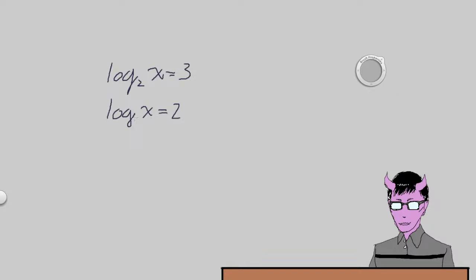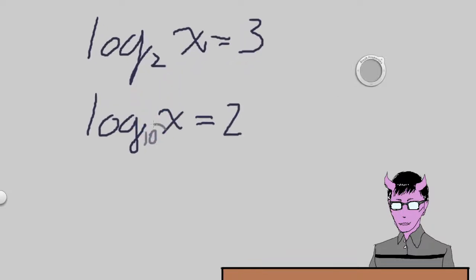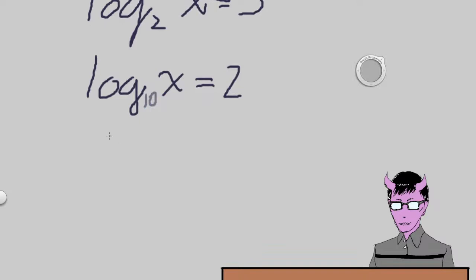Let me put that in a different color. So implicitly, it's supposed to be a 10 right there. And now we have the natural log. It's written like this. In this situation, there is also an invisible number right there.